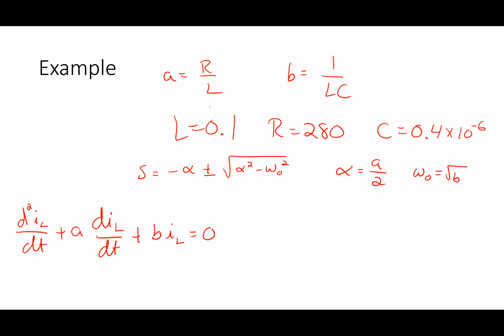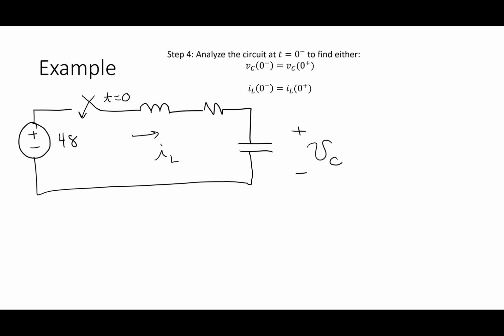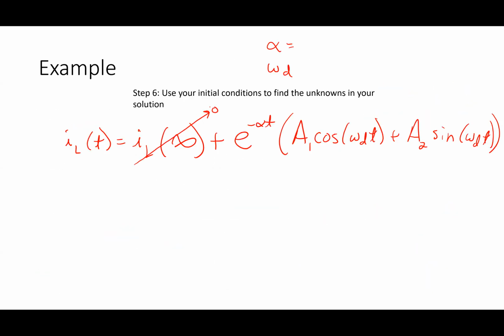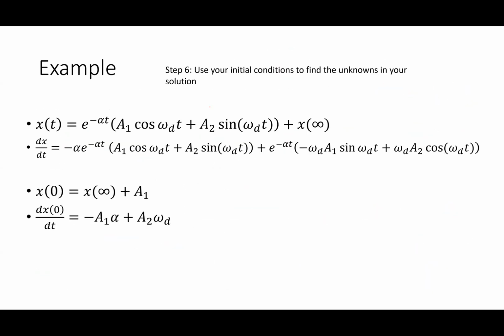All right. So basically, what I'm left with here is this. I specifically have IL of 0, the value that we found for that, which was 0.1, is equal to IL of infinity, which is 0, plus A1.